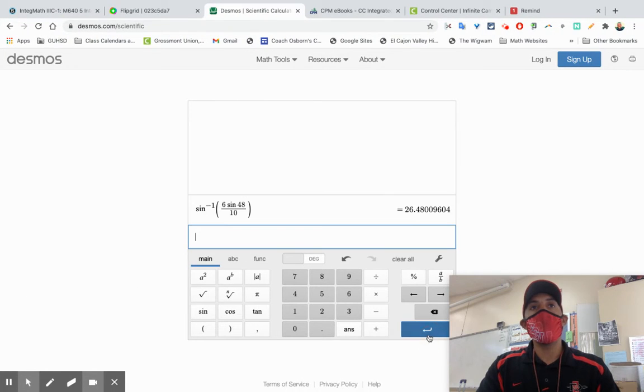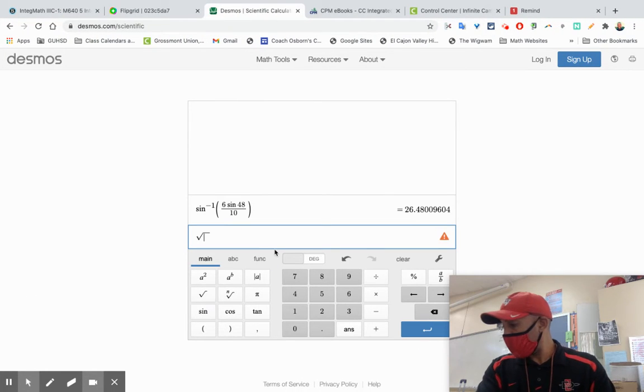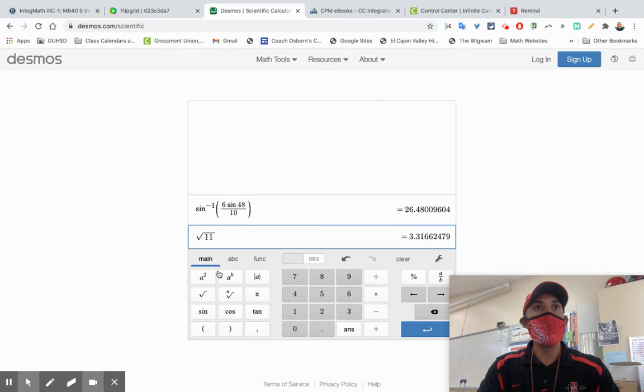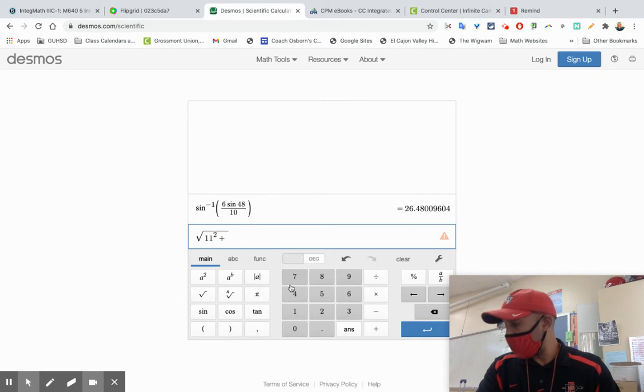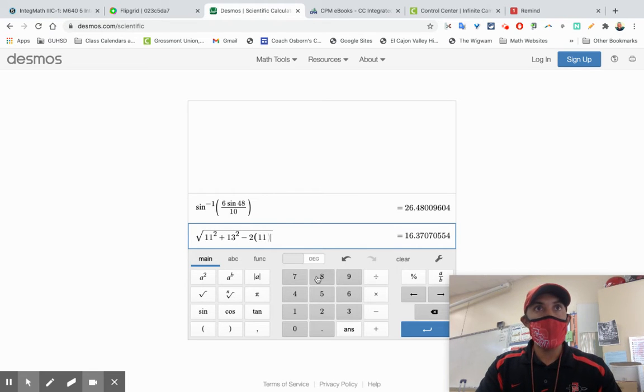All right, so here, I'm going to push the square root first. You guys have seen this a couple times already. So plus 13 squared minus 2 times the same sides, so that you separate your parentheses if you're using that, and then times the cosine of 38.